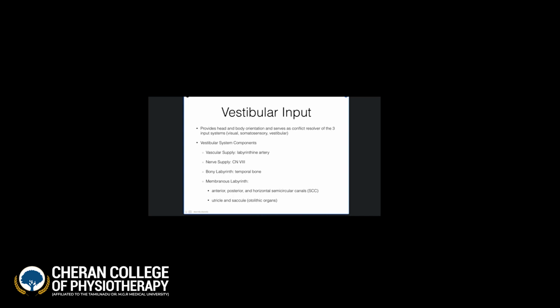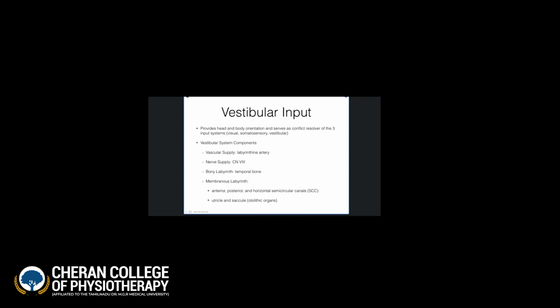So these are the main components of the vestibular system, so please make note of this. The anterior, posterior, and lateral semicircular canals are a very important part which we need to work on for repositioning. This is the part you should work on when the patient comes with a vestibular issue.